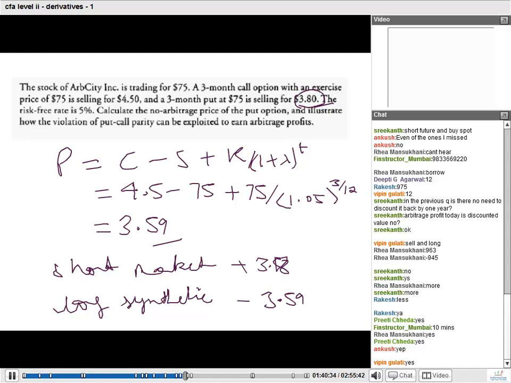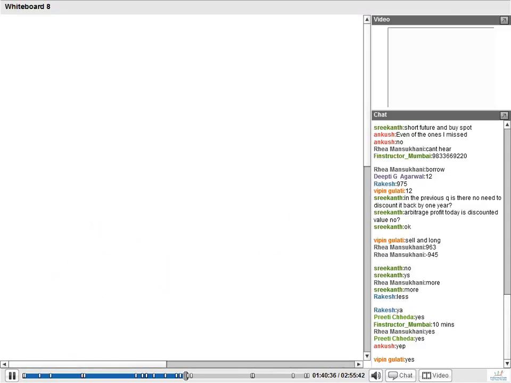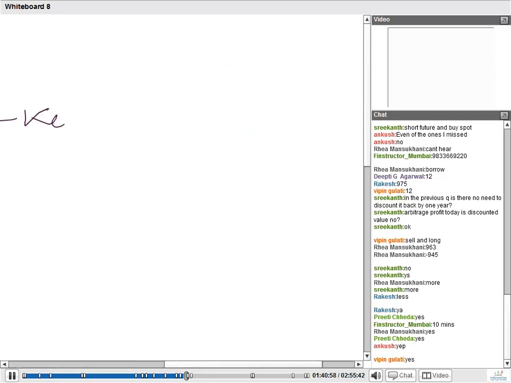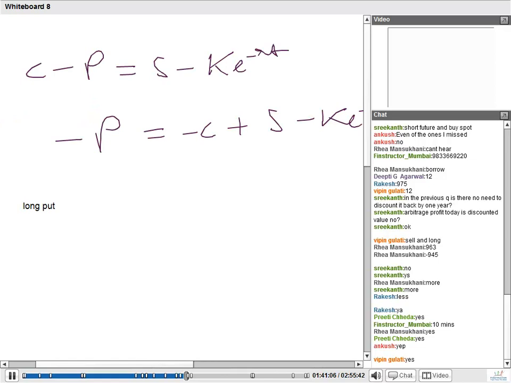Let's recall how do we create a synthetic put. Again, remember, long put means minus P. Long put option means I'll have to pay the premium. So you can create a long put by what is minus C?